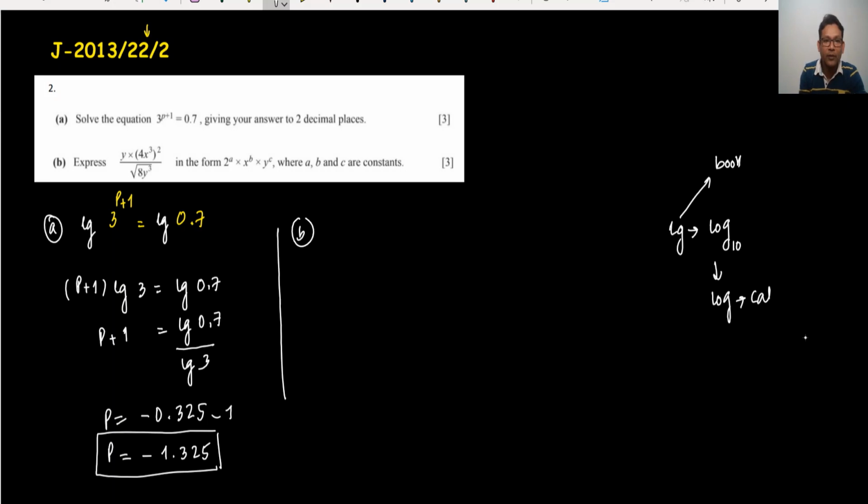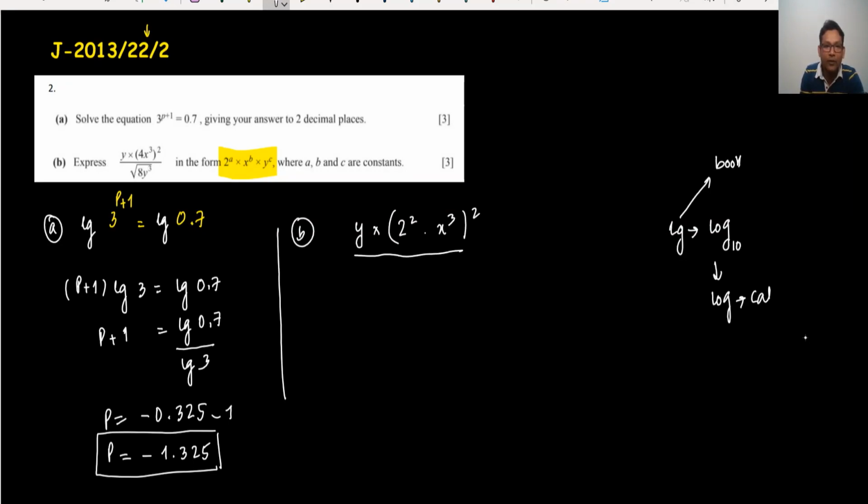In B part, in the form we have to write in the form of 2 power something, x power something, and y power something. So okay, let's start. So y times 4 power 2, we can write 4 as 2 power 2, or x cube, and the whole power is 2.